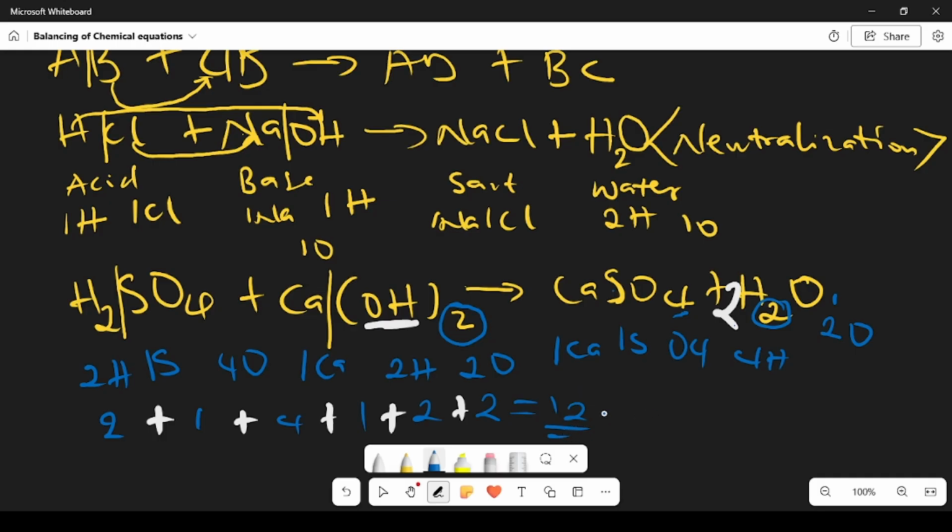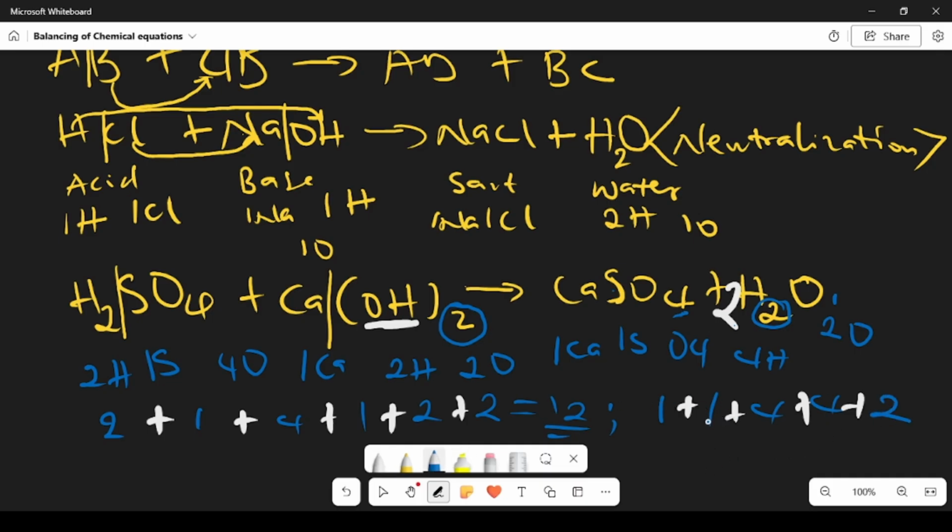So let's check that of the product side. We have to get the same thing. So you have 1 plus 1 plus 4 plus 4 plus 2.